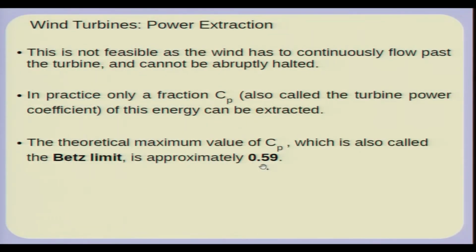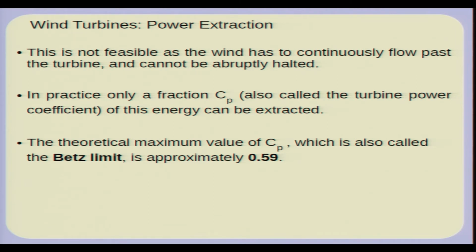So, you can't abruptly halt it. Only a fraction of this power can be taken out, and the theoretical maximum using wind turbine blades is only 0.59. So, using a rotating blade system, you can only extract the factor 0.59 of the actual available power.